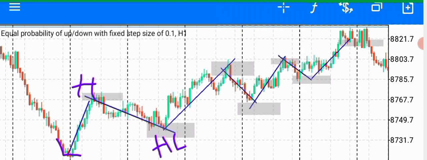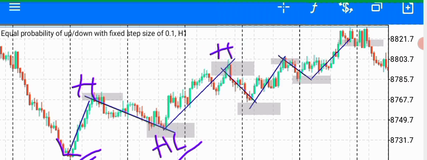So why do we call this point a higher low? This particular point is a higher low because it is higher than the previous low. Though it is a low, it is higher than the previous low. And then the market will go up to form another high.